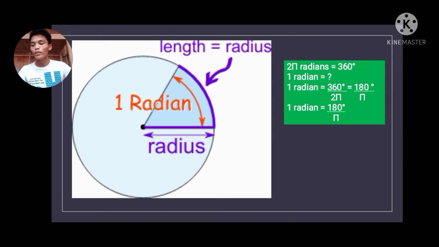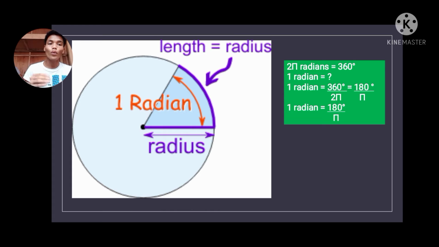Because we're talking about the number of degrees in one radian, let us use the full rotation of 2 pi radians, which is 360 degrees. As we can see on the right side of this illustration, 2 pi radians is equal to 360 degrees, and one radian is what we're going to find out, whether it is 180 degrees over pi.